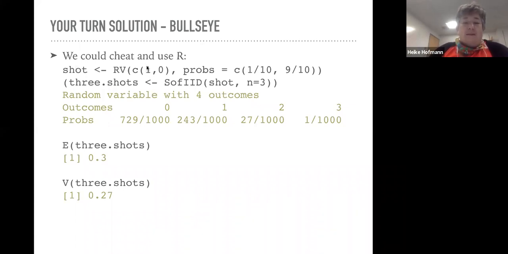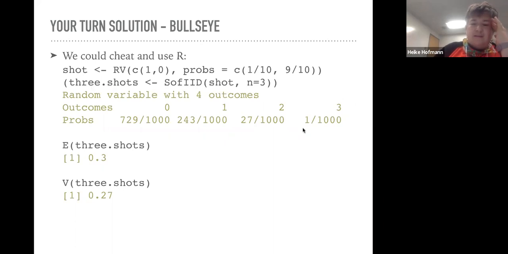So 1 means we hit it, 0 means we don't hit it. We hit the yellow bullseye with 1/10 probability and 9/10 not. So then we do 3 shots, and we only want to count how often we hit that yellow bullseye. So we take the sum of 3 shots, n equals 3, sum of those IID shots. And that gives us a random variable with those 4 outcomes, 0, 1, 2, 3.